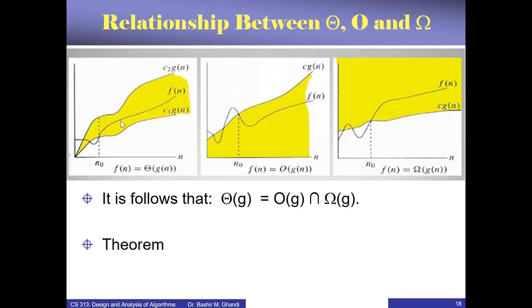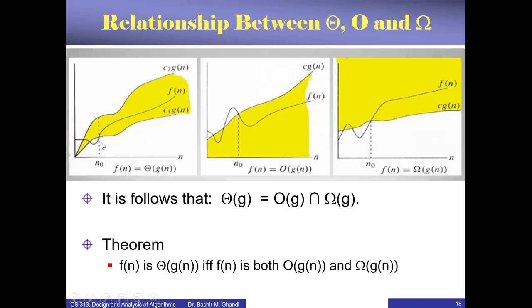Because of this, we have this theorem: f(n) is big theta of g(n) if and only if f(n) is both big O of g(n) and big omega of g(n). If it is both, then it is said to be big theta of g(n). The proof is just from the definitions of big omega and big O.